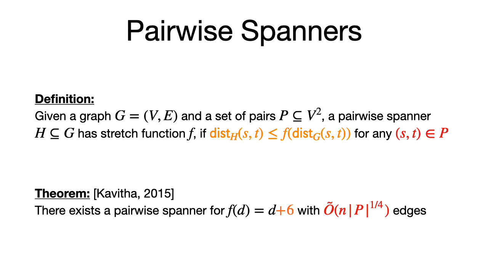In a paper by Kavitha in 2015, it was shown that for a 6 additive stretch, we can always build a pairwise spanner of size n times p to the 1/4. When p is quadratic in n, this is n to the 1.5, which is even worse than standard spanners. But when p is small, this bound becomes better.